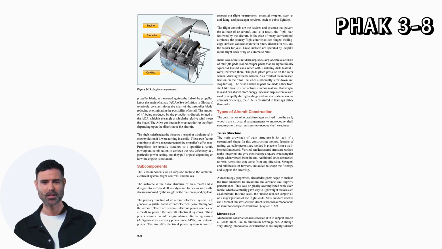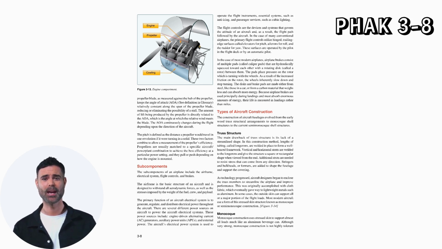The amount of lift being produced by the propeller is directly related to the AOA, which is the angle at which the relative wind meets the blade. The AOA continuously changes during the flight depending upon the direction of the aircraft. The pitch is defined as the distance a propeller would travel in 1 revolution if it were turning in a solid. These 2 factors combine to allow a measurement of the propeller's efficiency.